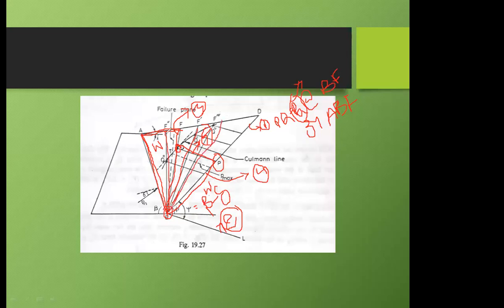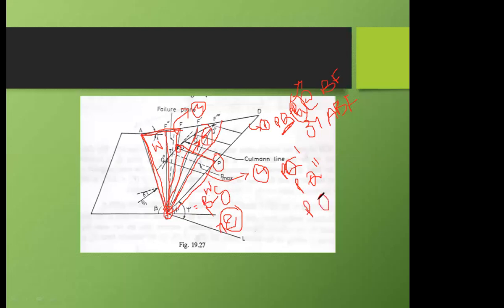You need to assume three to four failure planes like this, and you need to draw the PQ line, PQ dash line, PQ double dash line like this.